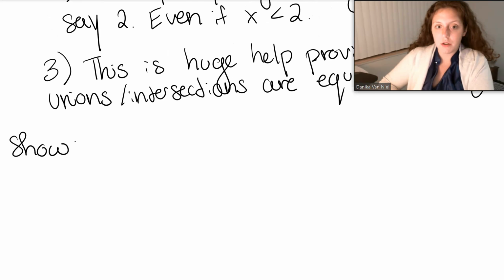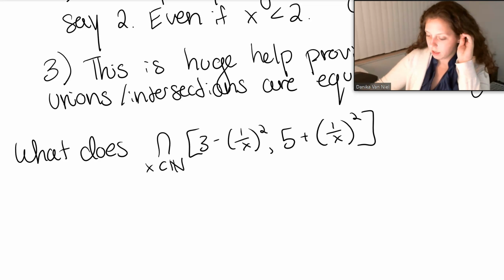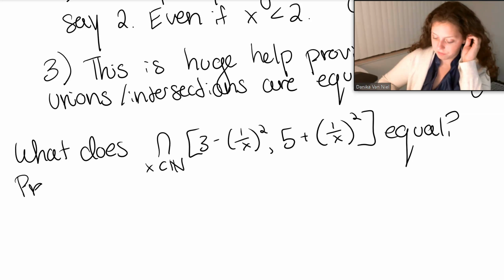Let's say, what does this intersection equal, and then prove it. Like we're on the schoolyard or something, prove it.